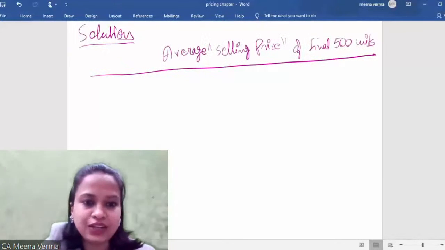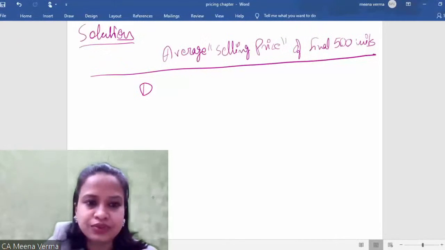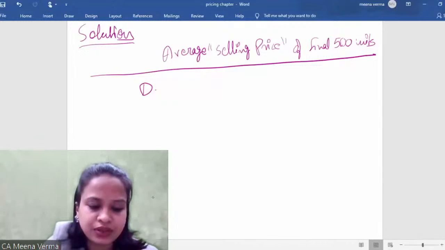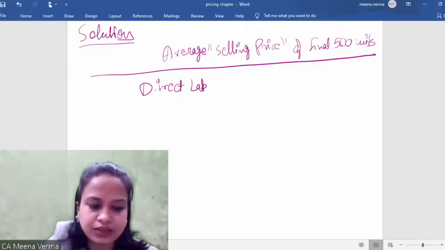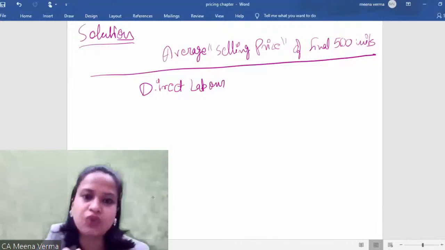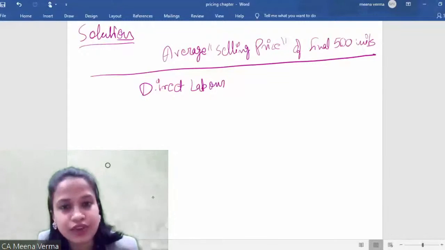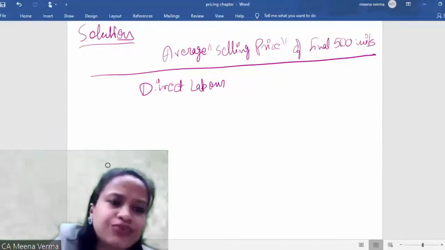For that, we need to consider the direct labor. First of all, we will try to find out all the costs for the entire 5,000 units.